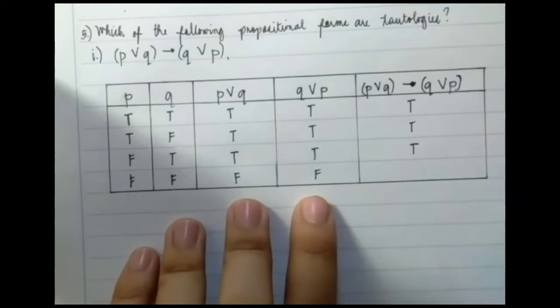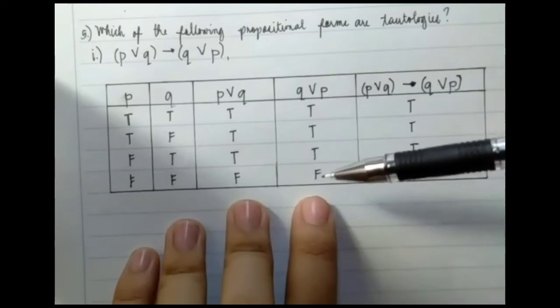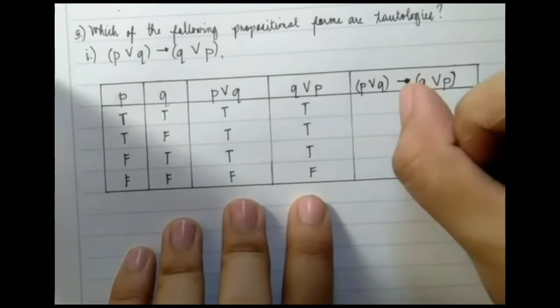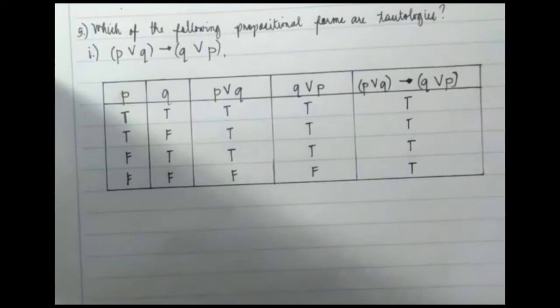Now the conditional statement says that if the first statement is true and the second is false, that is false. Otherwise, it is all true. Since both are false, this is true. With that, we can conclude that P or Q implies Q or P is a tautology.